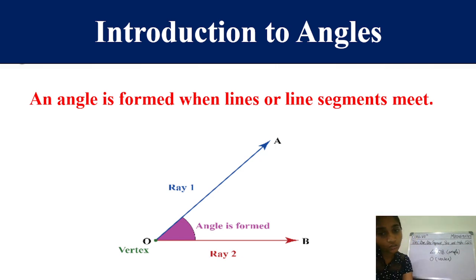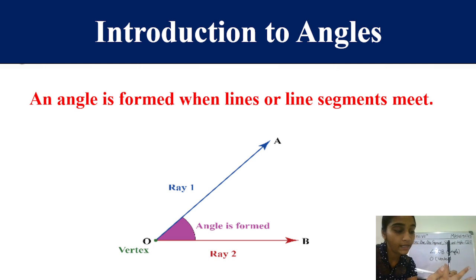So now if you have something around you from which you can make an angle, try to make it and see whether you are able to form an angle from the things. Like I can show you here that I have two pens with me. If I hold these pens like this at the common vertex O, you can see what I have formed.